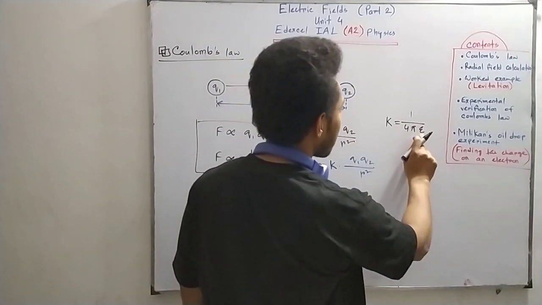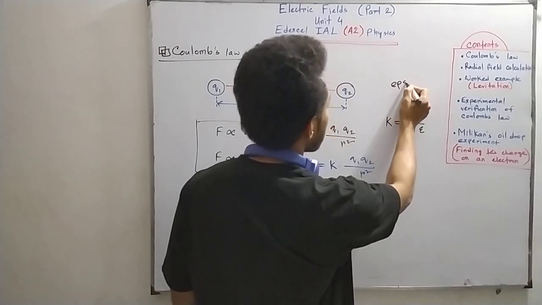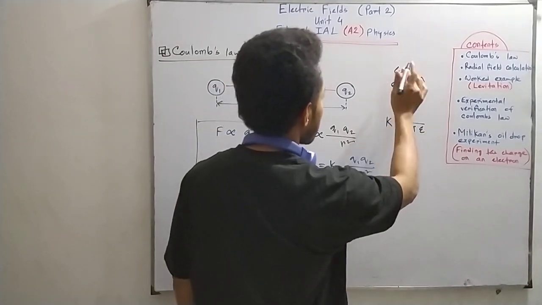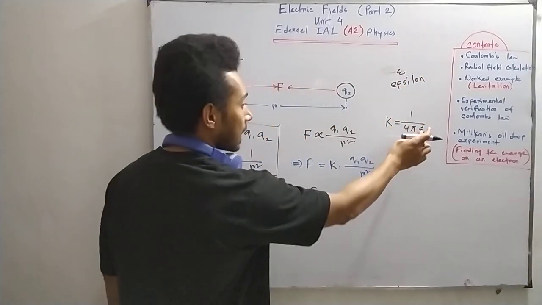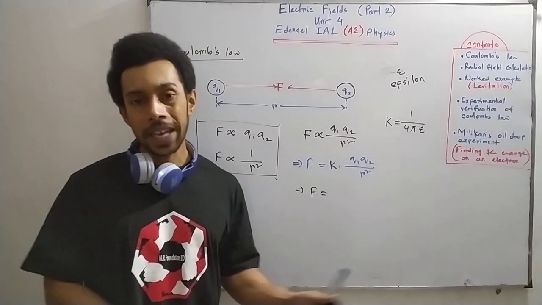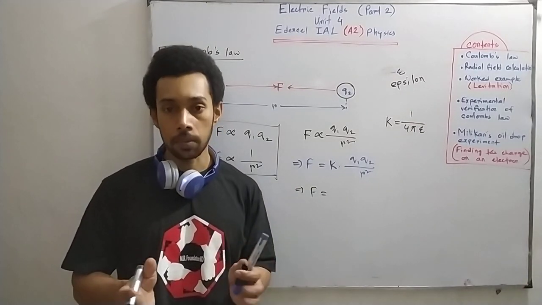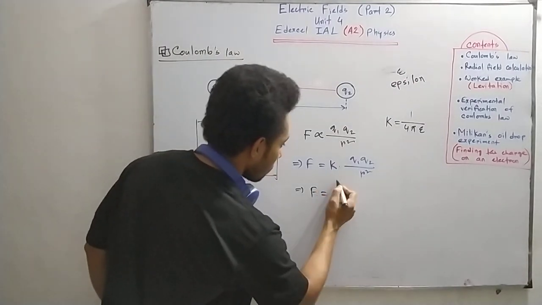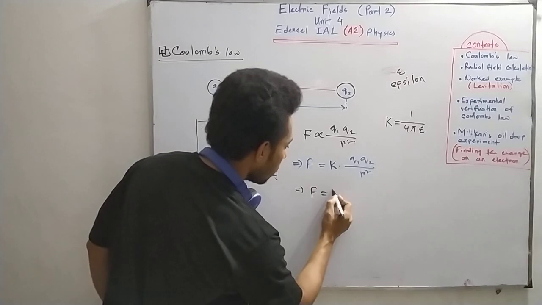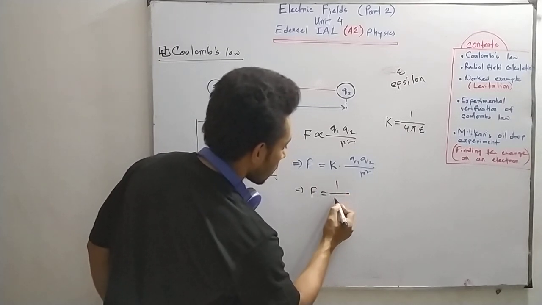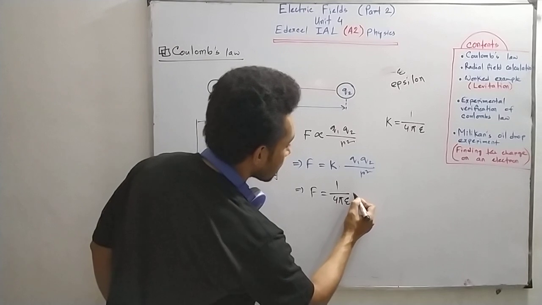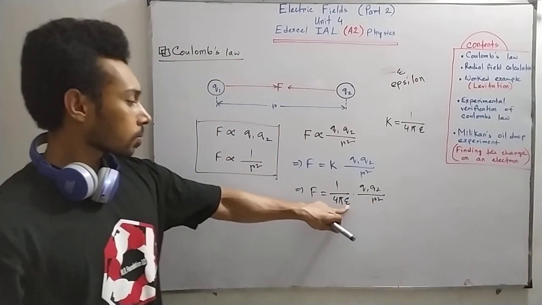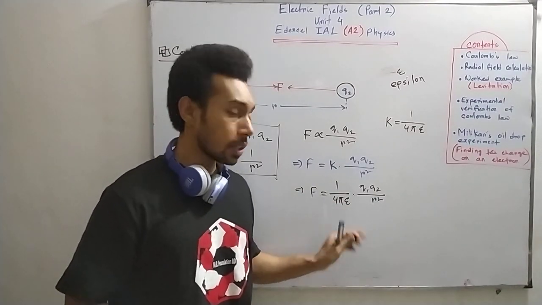Okay, this is a Greek letter and the pronunciation is epsilon. This epsilon stands for the permittivity of the medium. Permittivity of the medium. So by replacing K, we can write 1 by 4 pi epsilon into Q1 Q2 by R squared. So epsilon is the permittivity.